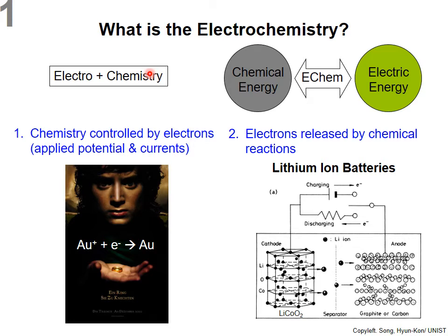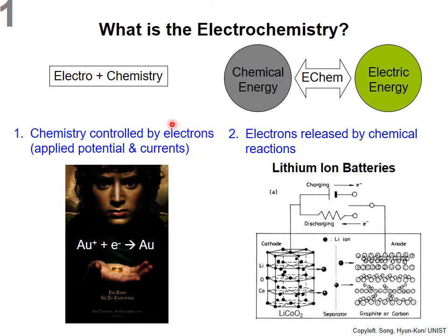So, by using electrochemistry, you can convert the chemical energy into electric energy. Also, you can convert the electric energy into chemical energy. So it means we could define the electrochemistry in two ways. In the first definition, I'd like to define the electrochemistry as chemistry controlled by electrons.